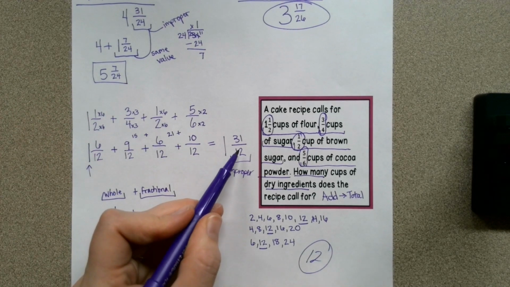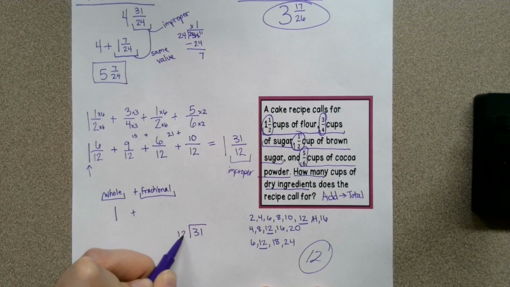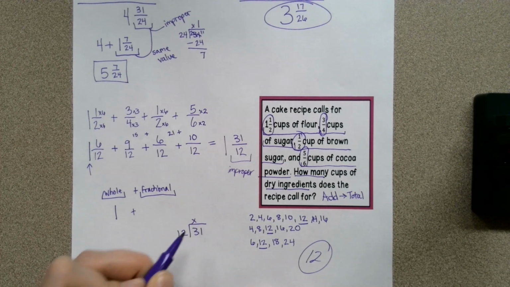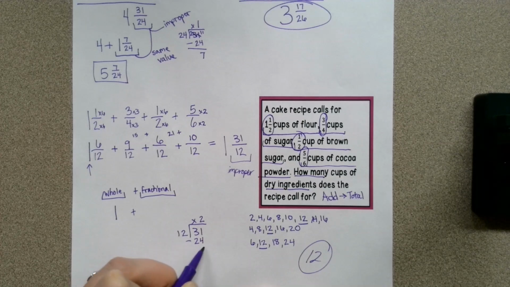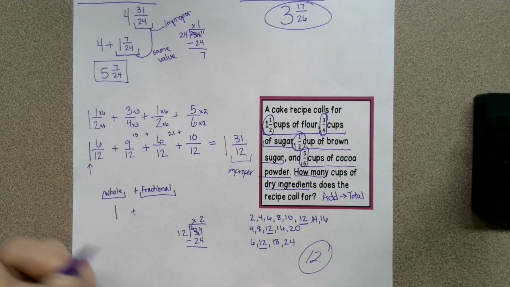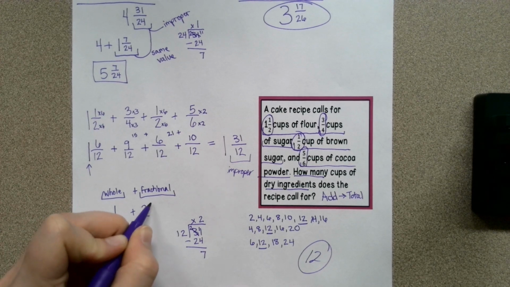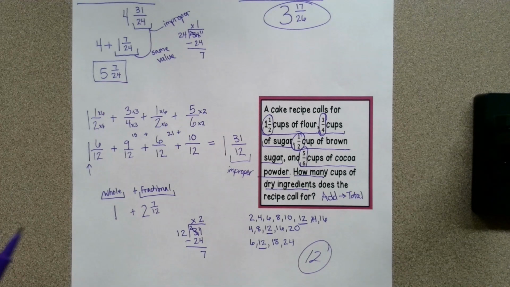So what we're going to do is divide 31 by 12. 12 does not go into 3, but it goes into 31 2 times, because 2 times 12 is 24. 31, we're going to borrow from, giving us 11 minus 4, which is 7 left over. So it went in 2 full times with 7 left over, and the denominator stays the same. So now we have 1 plus 2 and 7/12.